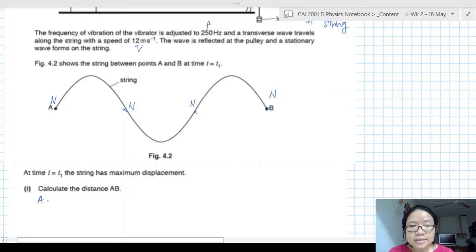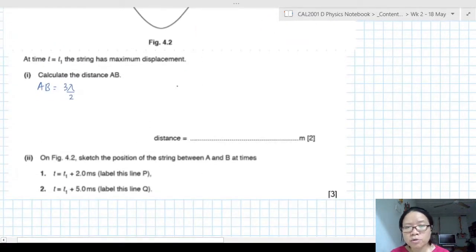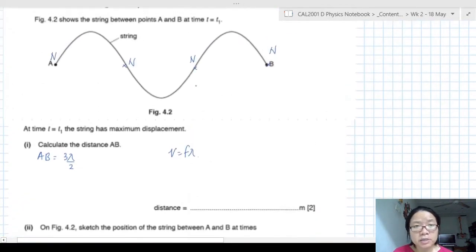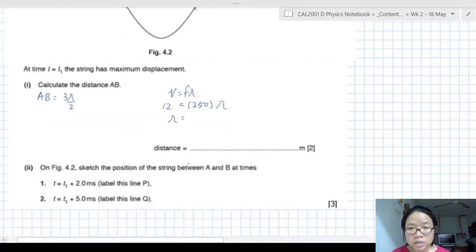So, calculate the distance AB. I see that AB is actually 3 node to node. So 3 lambda over 2. Okay, 1.5 cycle. And at this point, I notice, oh boy, I need to probably find lambda. But I have enough information. We have the speed of the wave, 12. And we are also given the frequency, 250 Hertz. So to find lambda would be a piece of cake.